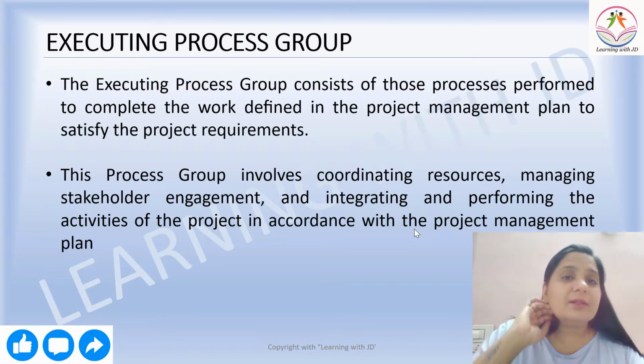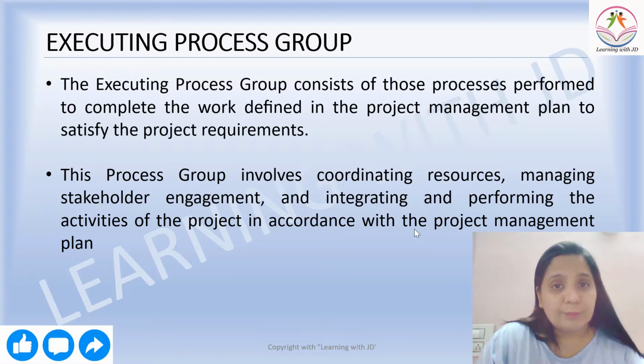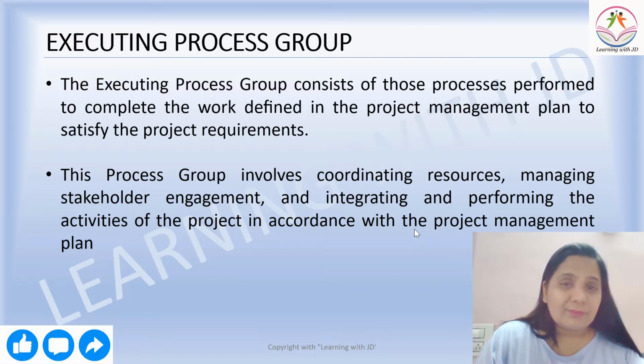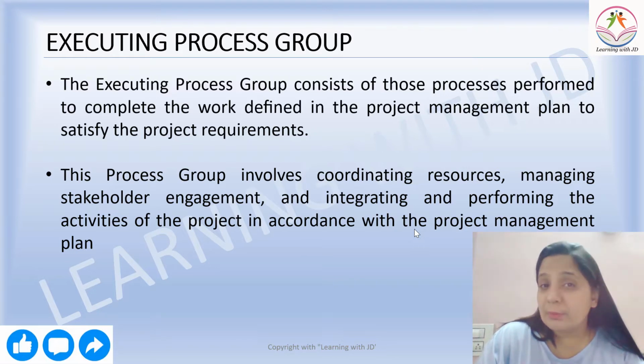So the executing process group consists of those processes performed to complete the work defined in the project management plan to satisfy the project requirements. Whatever you have mentioned in the project management plan, you remember what the project management plan was that we discussed in the last session, that spoke about all the subsidiary management plans being combined together to create a project management plan.